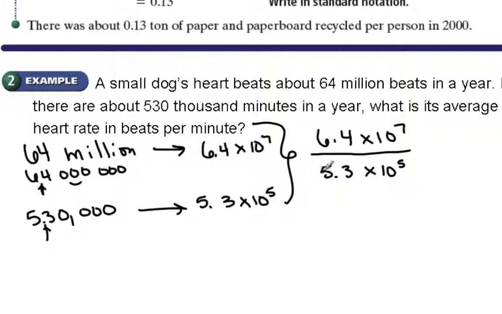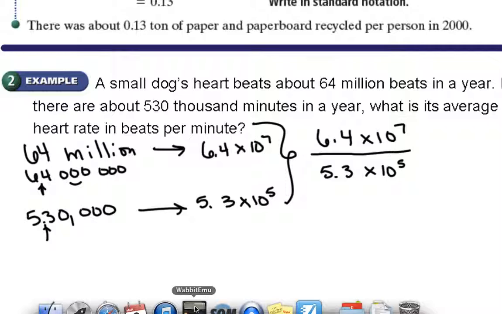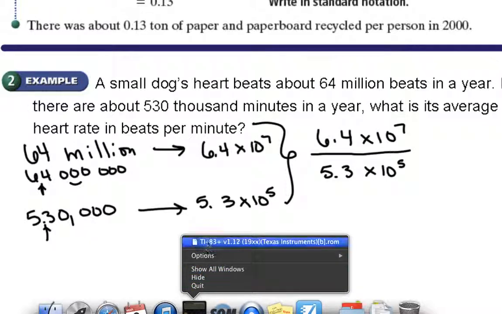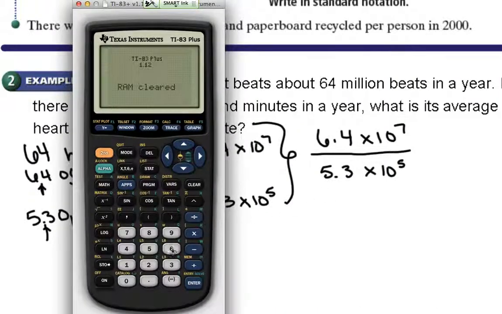Okay, we're going to break this up and do 6.4 divided by 5.3. And that gives us 1.21.